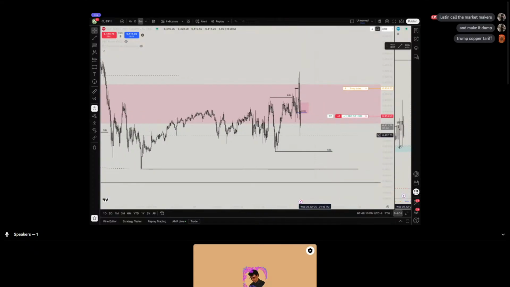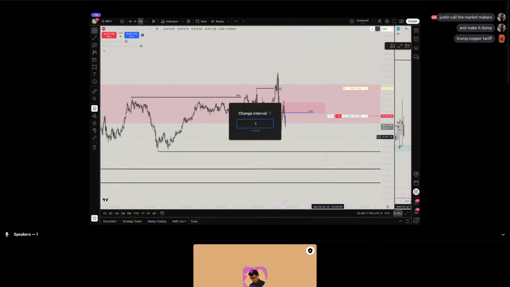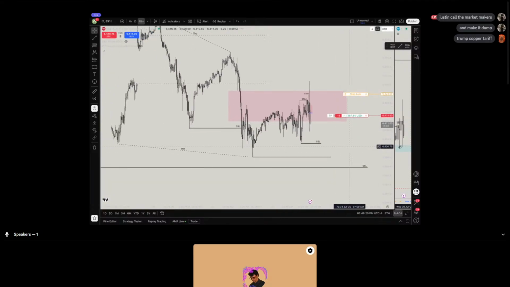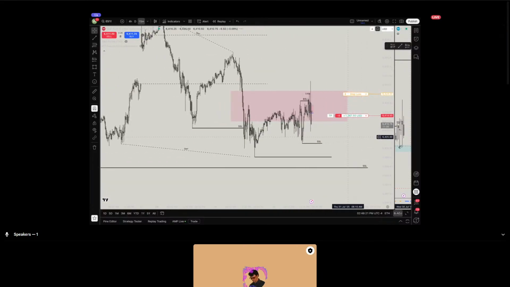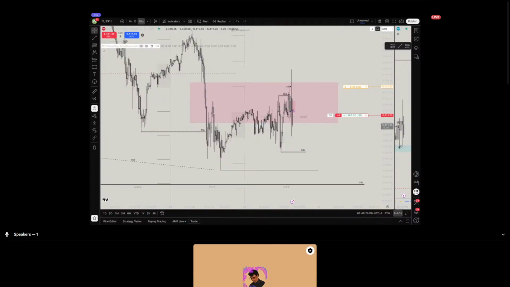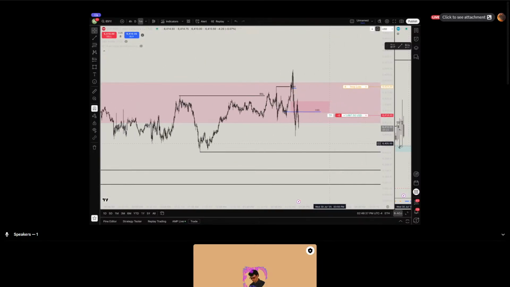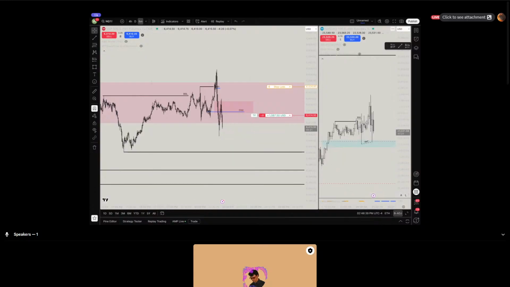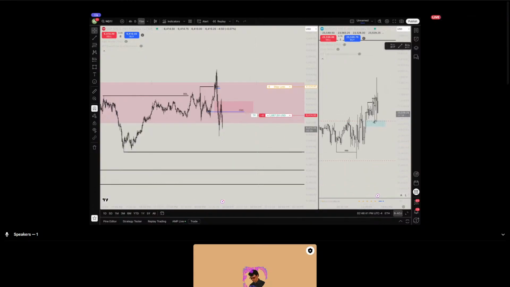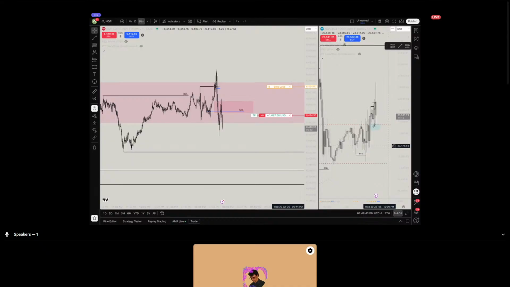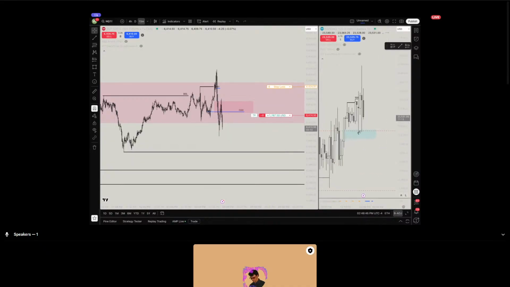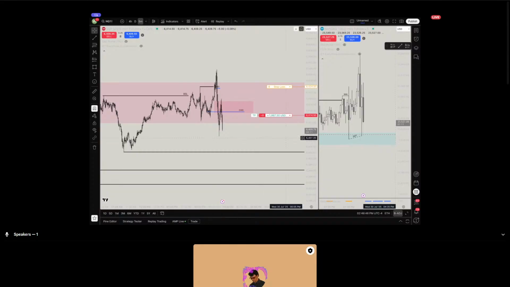No. Why? I don't know. I'm just not as confident. And also, when I was thinking about entering, my entry was too ugly, so there's no point. If it goes below that change in state, I might re-enter, put my stop below that 1 minute high.